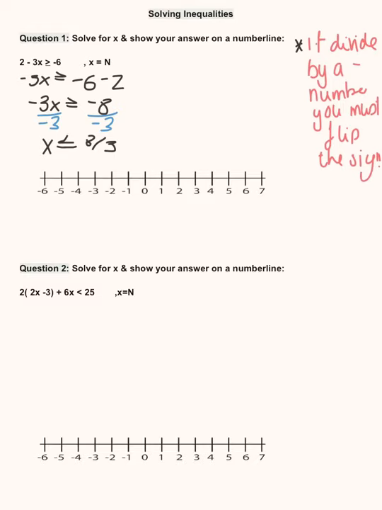Now, we're told here that x is in N, which means x is a natural number, and we should know by now that natural numbers begin at 1 and are only positive whole numbers. 8 over 3 is the same as saying 2 and 2/3.